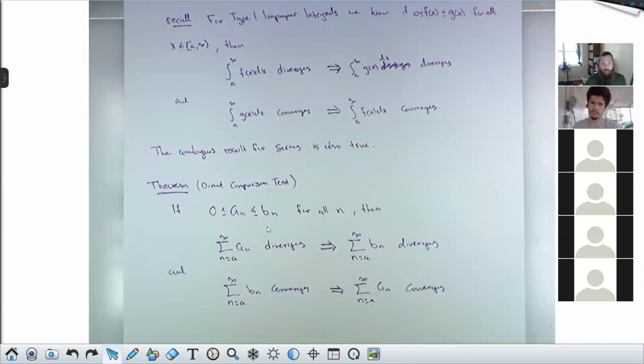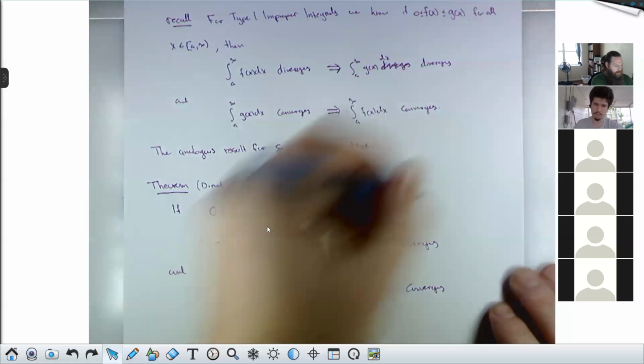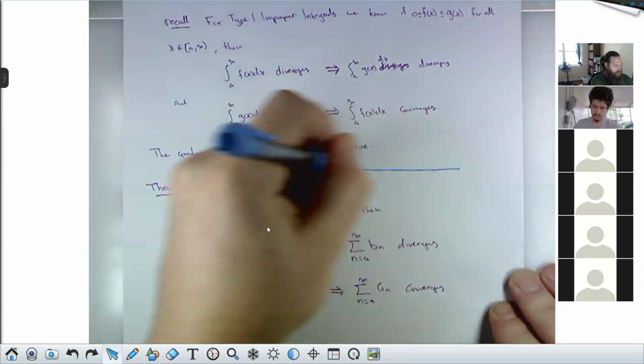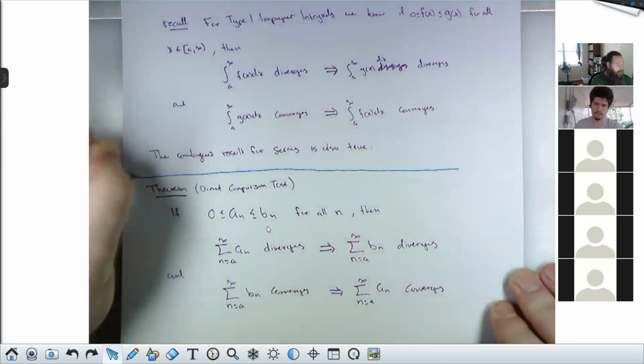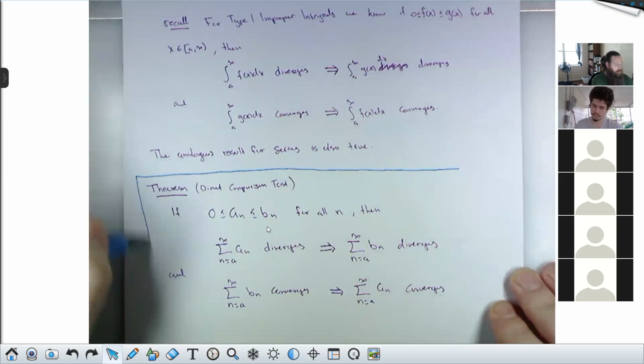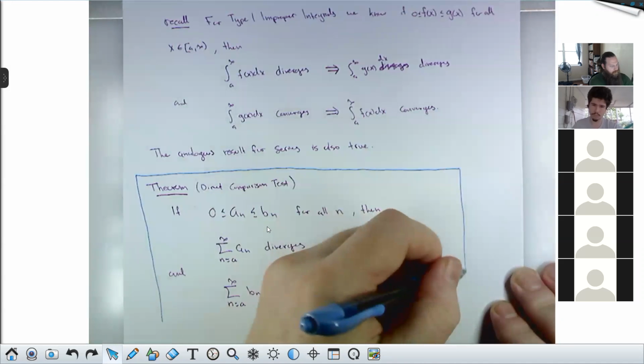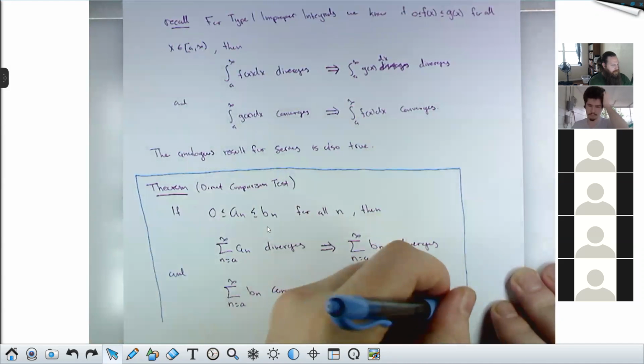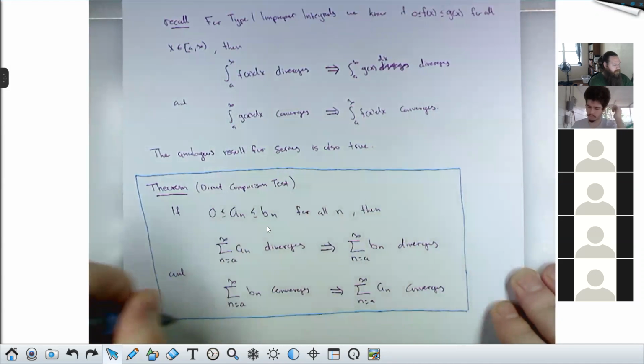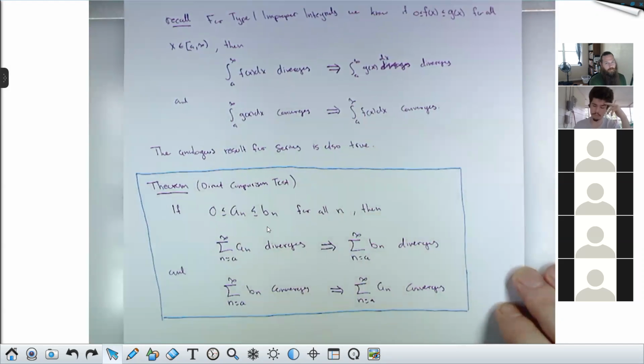And that's the analogy with improper integrals coming through again, right? Just like it did for the integral test. Since there is a way to compare integrals, there is a way to compare series. This is your next convergence theorem for infinite series.